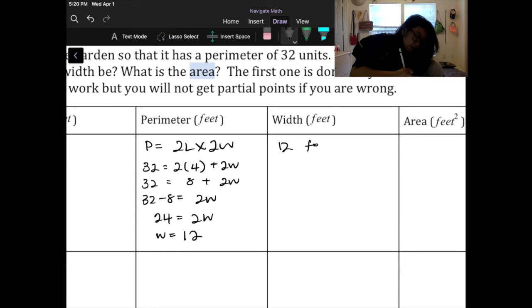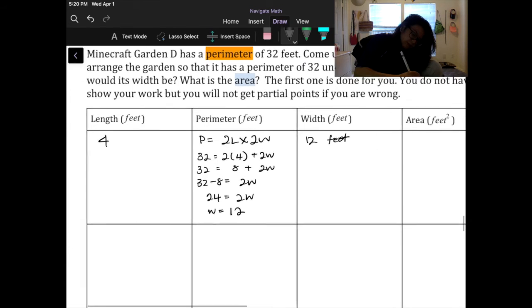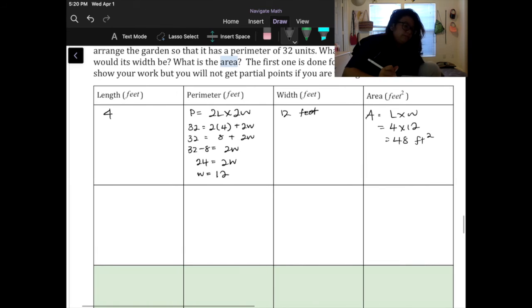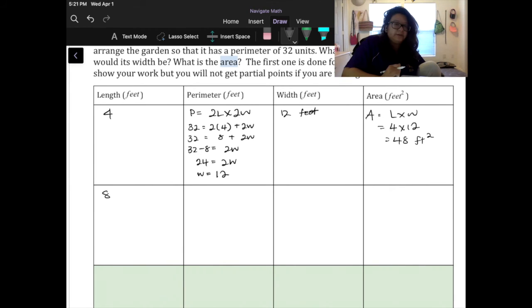So W equals 12. So then my width is 12 feet. Okay. So what's the area then? Well, area is length times width. So that's 4 times 12. So I have an area of 48 feet squared. Okay. That's one way that we can do it.